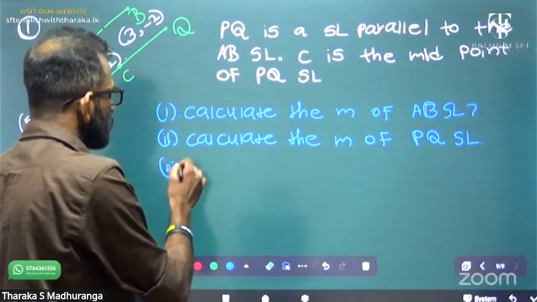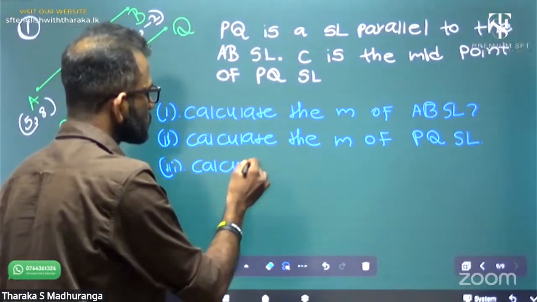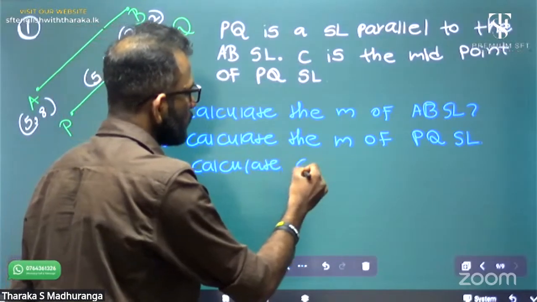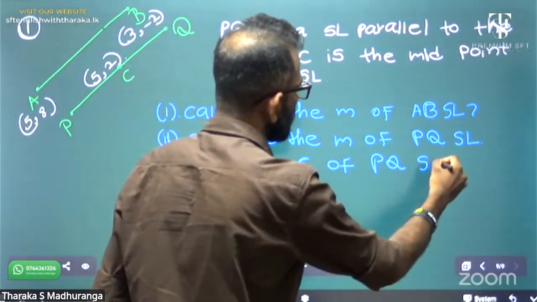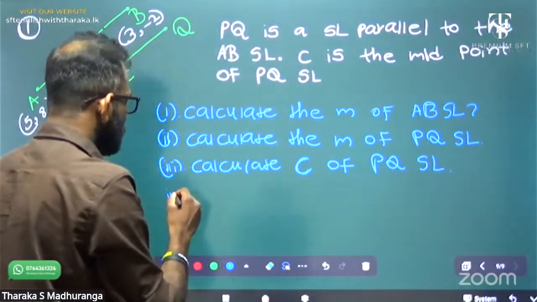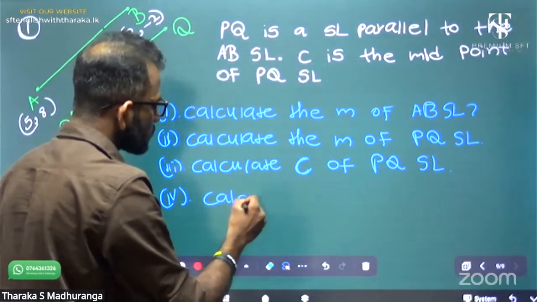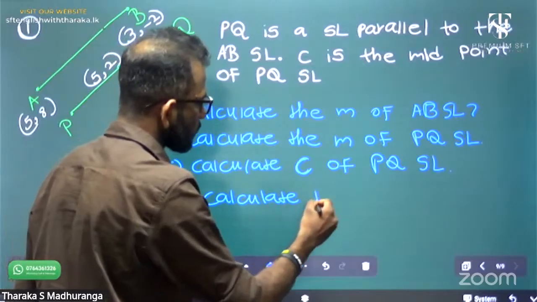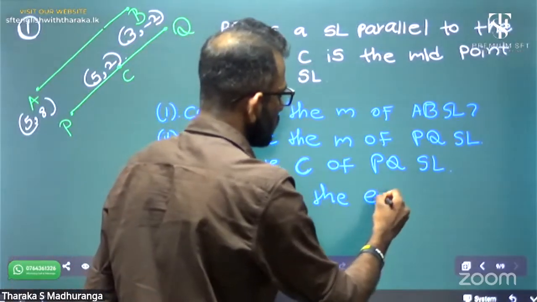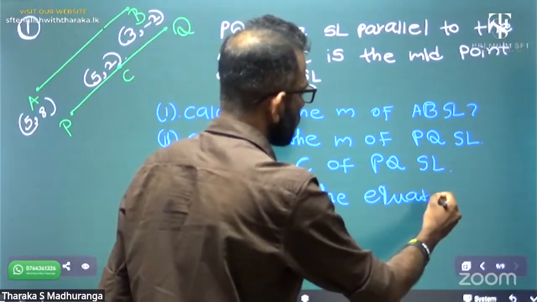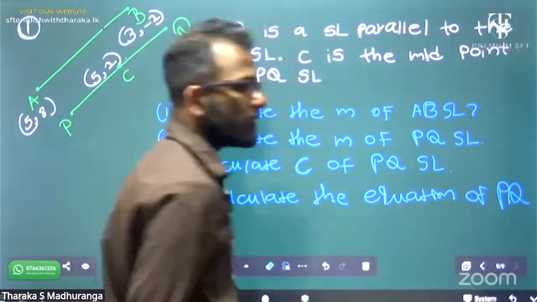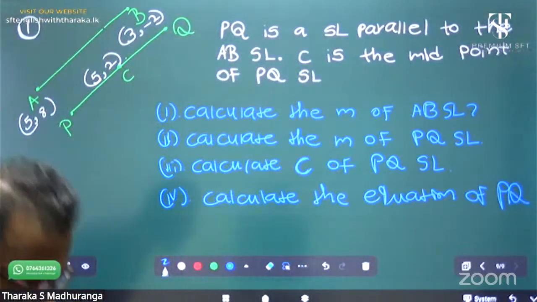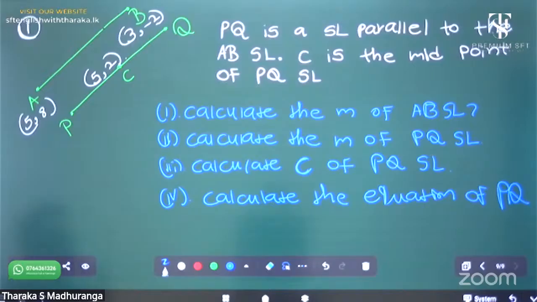Third one, calculate the intercept C of PQ straight line. Finally, calculate the equation of PQ straight line. Okay, quickly calculate. I'll give you 3 minutes.